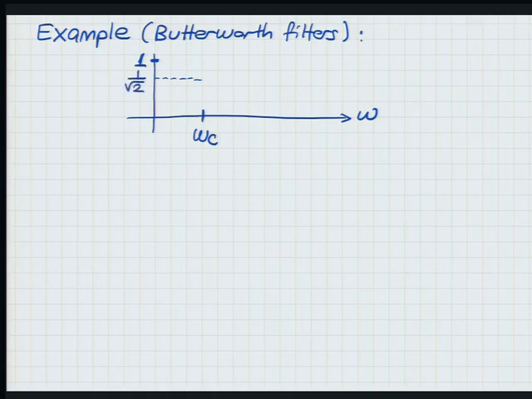So until you reach 70-something percent of the DC value 1, you consider it a pass. Once you fall below, you start considering it eliminated. So basically the type of filter we want here is something that decays like this, right?